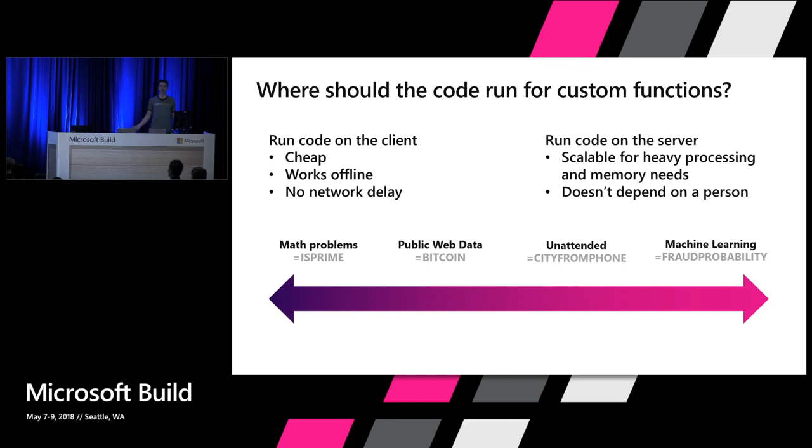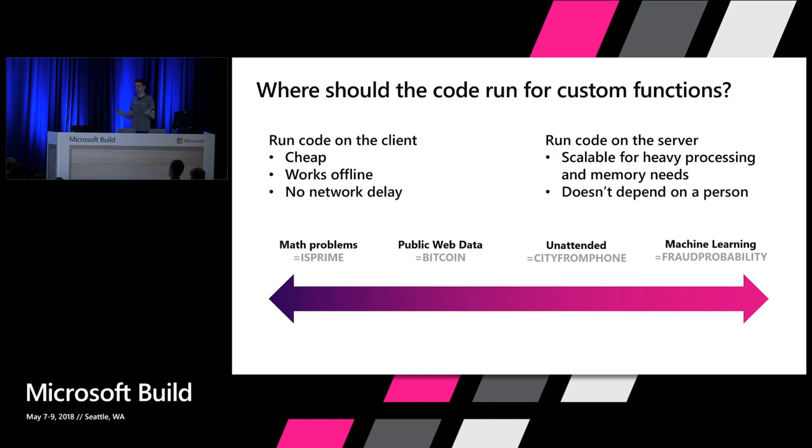And then all the way to the right, of course, we have the machine learning case, right, where you have super intense computation that's happening in the cloud. You want to do something like have a large set of data. You need to analyze what the probability of fraud for each of those hundreds of thousands of rows is, stuff like that. Then you definitely want to be running in the cloud.